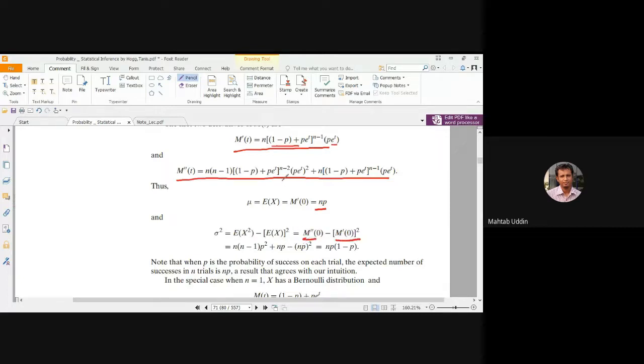Now put m double prime 0, that is t equal to 0, you will get this. And from here put np whole square. After simplification you will get this. Also you can write here, this is npq.